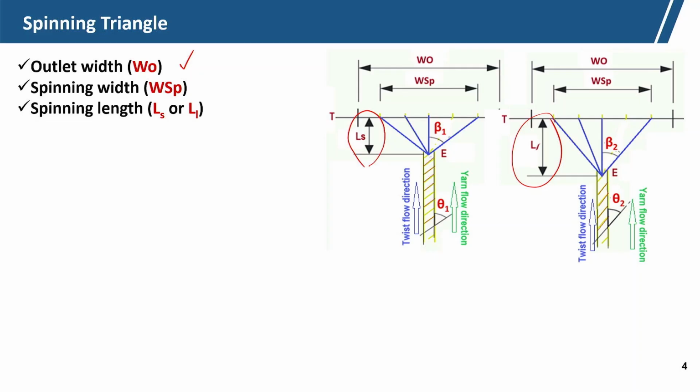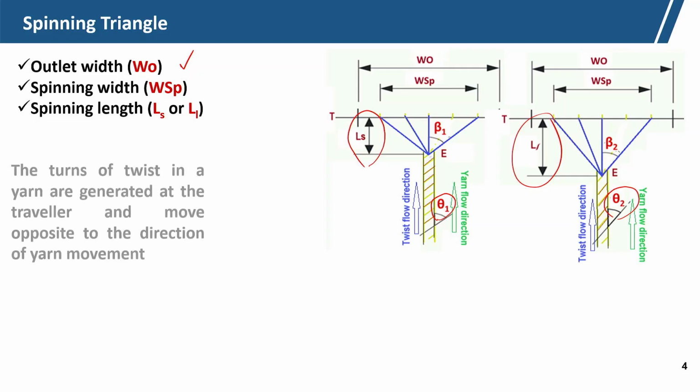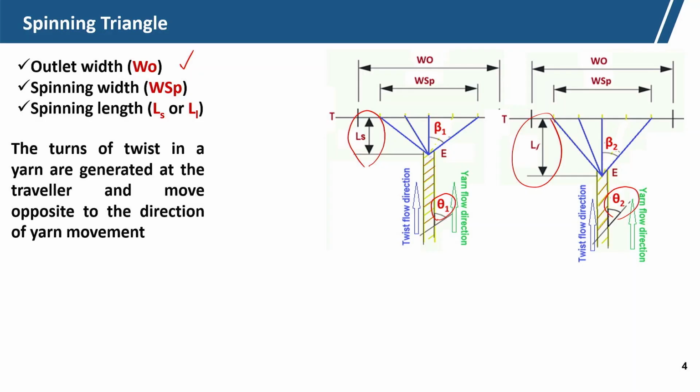Theta 1 is the twist angle for the short spinning triangle, and theta 2 is the twist angle for the long spinning triangle. So, theta 1 is higher than theta 2.